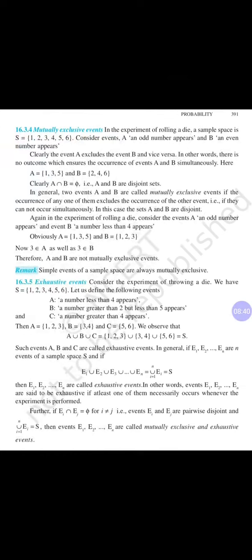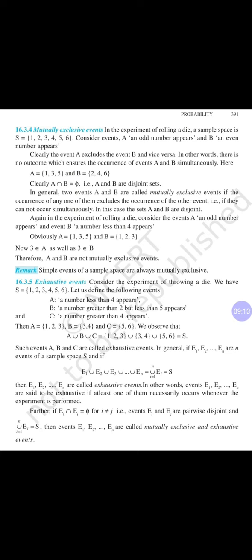Now let's talk about mutually exclusive events. What does it mean by mutually exclusive events? That means if we have two events which do not have any element common, then that type of events are known as mutually exclusive events.